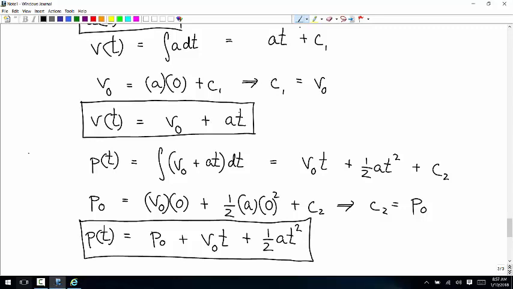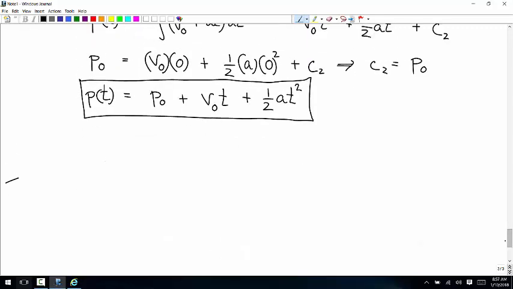Okay, so these equations only hold when acceleration is constant, and so that's specific cases. We couldn't have used these equations to solve the problems you did up on the board because those had varying accelerations. But there's one more equation that we're going to use.